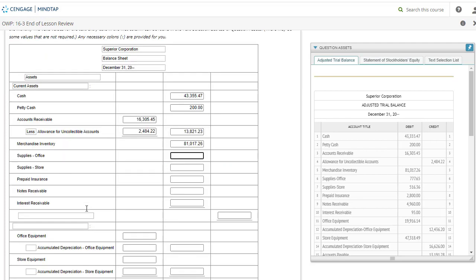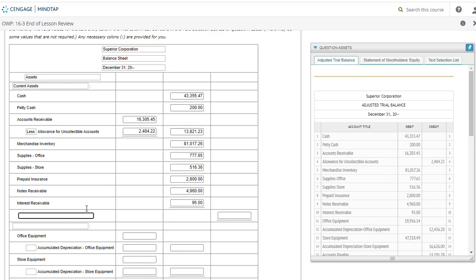And then your merchandise inventory is $81,017.26. Your supplies office is $777.65. Your supplies store is $516.36. Your prepaid insurance is $2,800, and your notes receivable is $4,960, and your interest receivable is $95.